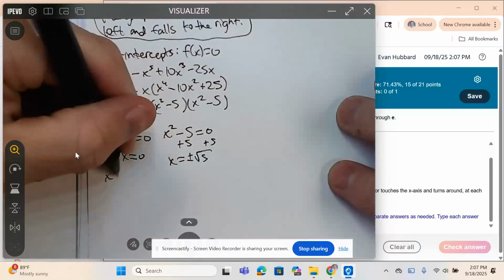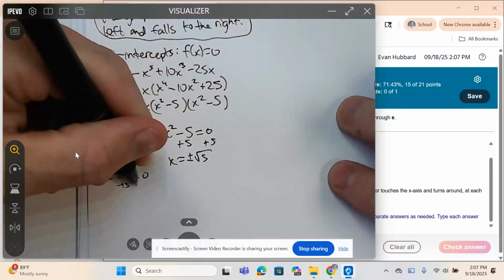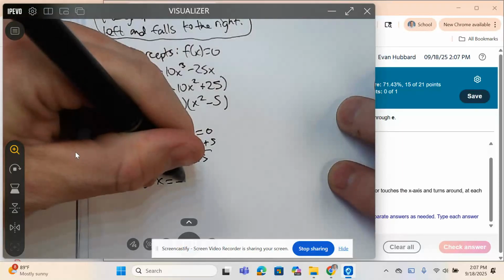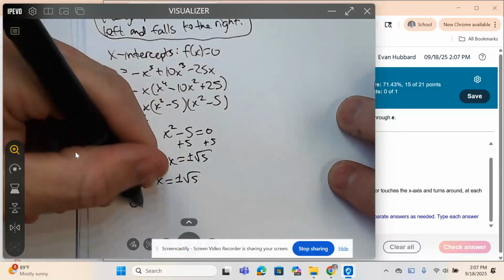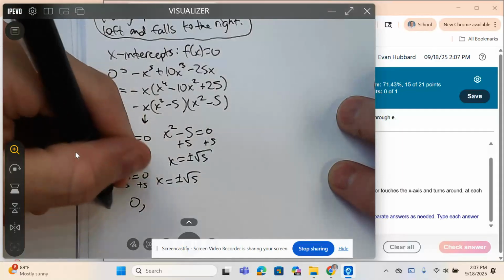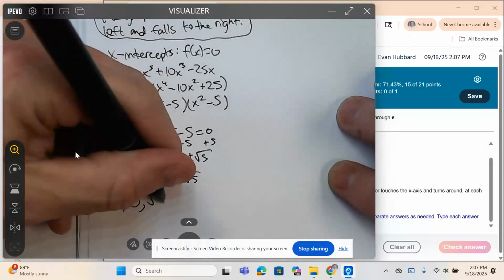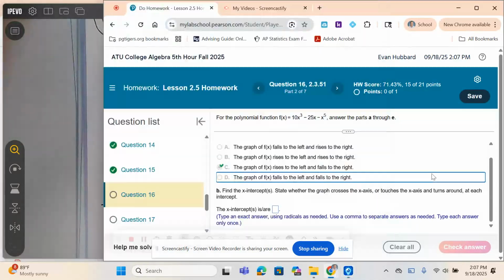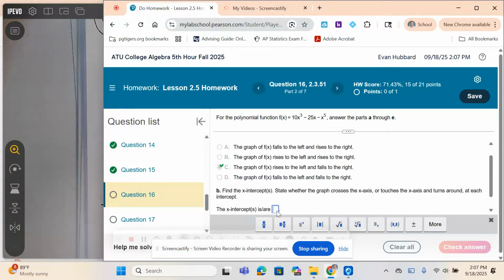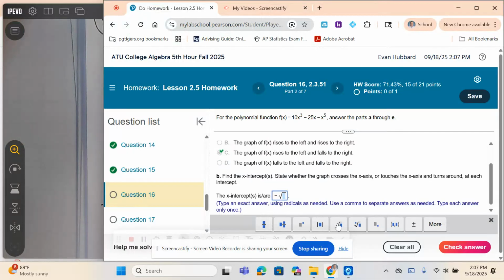It's x squared minus 5 equals 0. So your solutions are going to be negative square root of 5, 0, and then square root of 5.